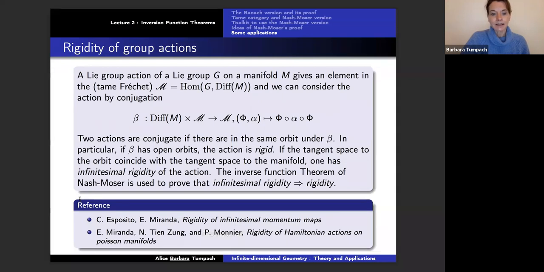And here is my last slide, another application of the Nash-Moser theorem. This one is not so easy. It is for rigidity of group actions.